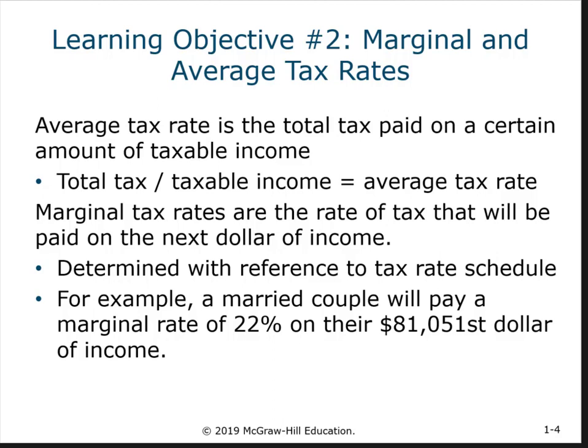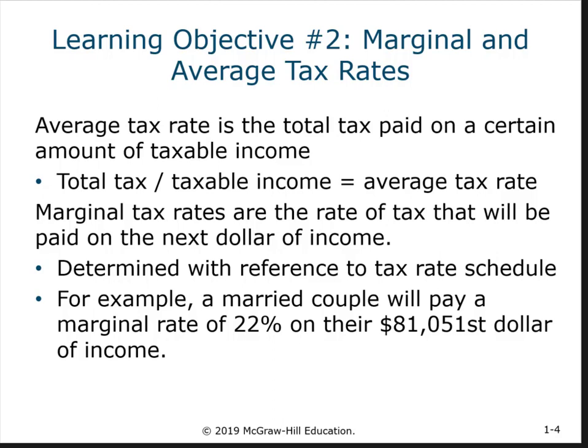So if your income is, say, $80,000, part of your income is at 10%, part of it at 12%, part of it at 22%. It'll be an average of those. It'll probably be a decimal. It's not going to be a nice round number, but it'll be an average of those.